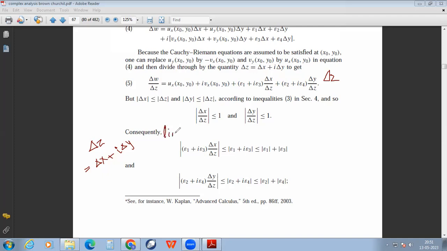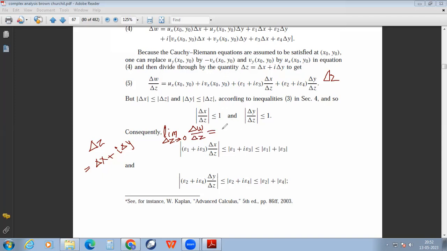So if I go for the limit as delta z tends to 0, if delta z goes to 0, its real part will go to 0, the imaginary part also will go to 0. What will happen to the right side of this? You have this in your notebook. So on this side, there is no effect here.